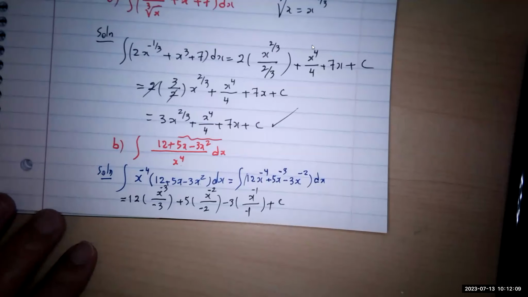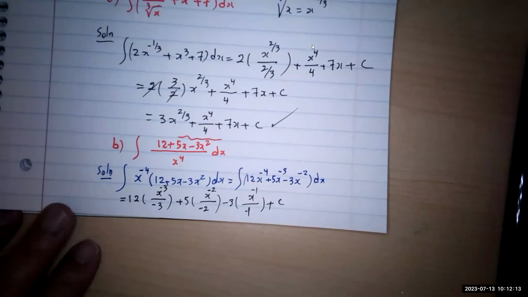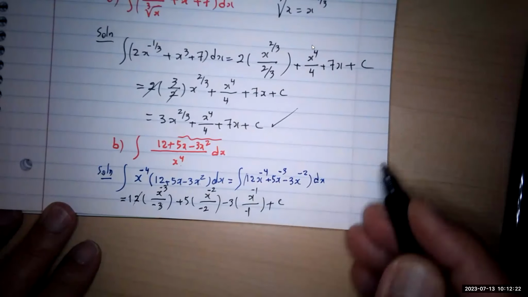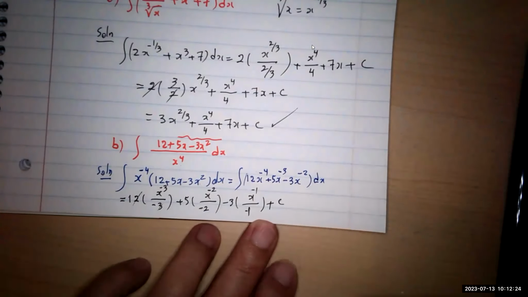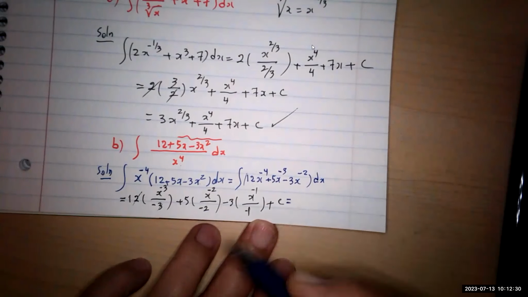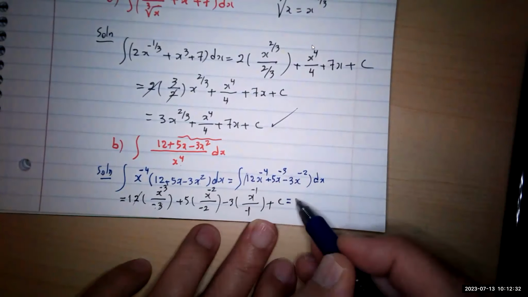Okay, you're not done. You have to take care of all those negative signs one by one. So it's going to be equal to, you see this one, 12 and 3 would be canceled out. There's a negative sign here, so it's going to be negative.